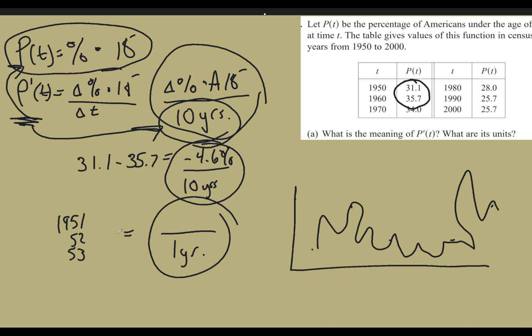So if we look at per 10 years, we'll know that this negative 4.6, if we were going backwards, as it actually increased, this should have been a positive 4.6. And maybe I should have done it this way, but the effect is the same, because we're not really worried about the number. They asked, what is the meaning and what are its units? Make sure you understand this well enough to move forward into harder questions later, or come back and try more of these until you do.